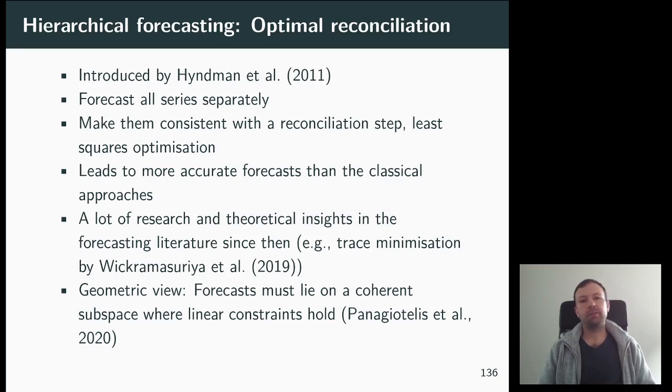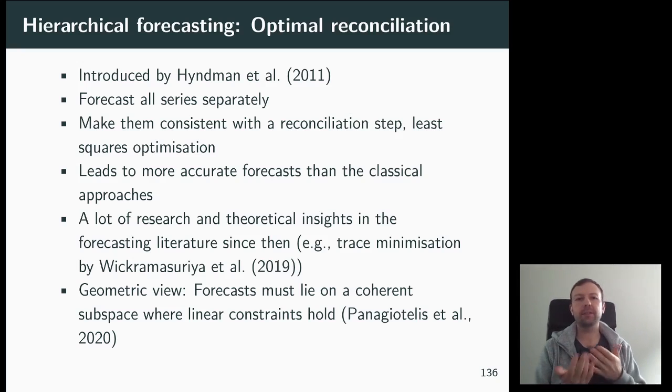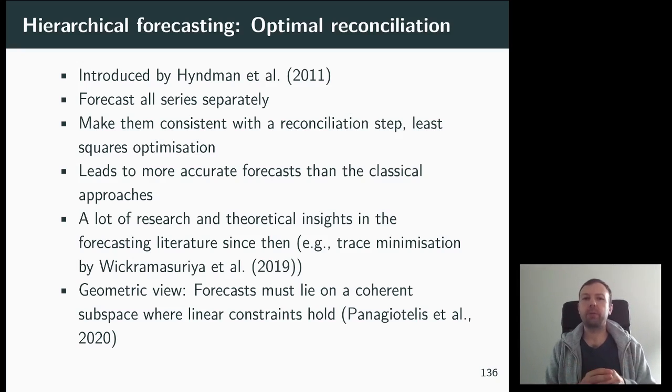So now that we have all these forecasts, let's have a subsequent step that is called a reconciliation step. It's least squares optimization, where we just change all the forecasts a little bit so that they add up. And it actually turns out that this leads to more accurate forecasts than the classical approaches.